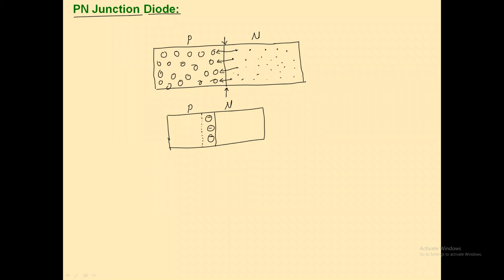And as the N region loses its free electrons, the positive ion layer is formed in the N region near the boundary. And once this layer is formed, it will create the barrier for the further movement of electrons and holes.